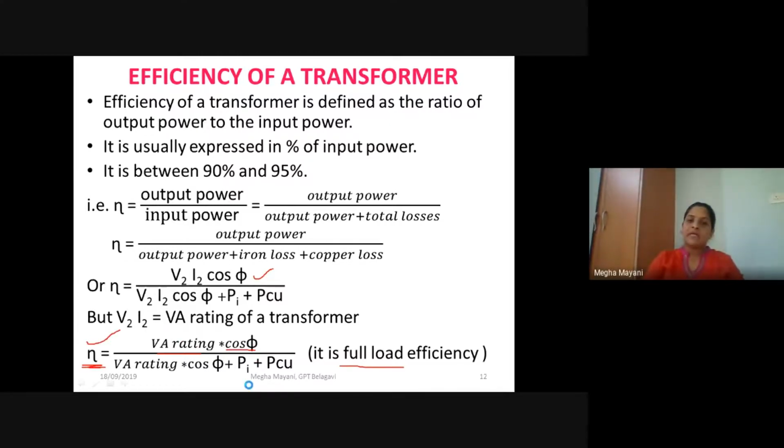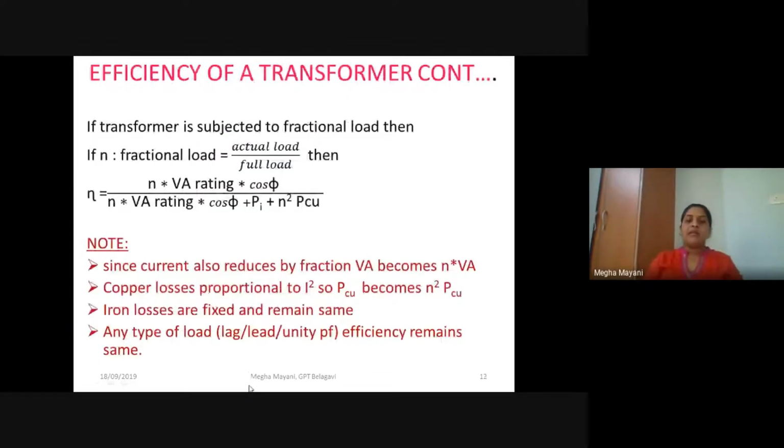If you are replacing the load by some fractional load, where n corresponds to the fractional load, which is the actual load divided by the full load, then that has to be reflected in the efficiency expression as well. When you have the load replaced by some other load, there will be a change of current in the secondary.